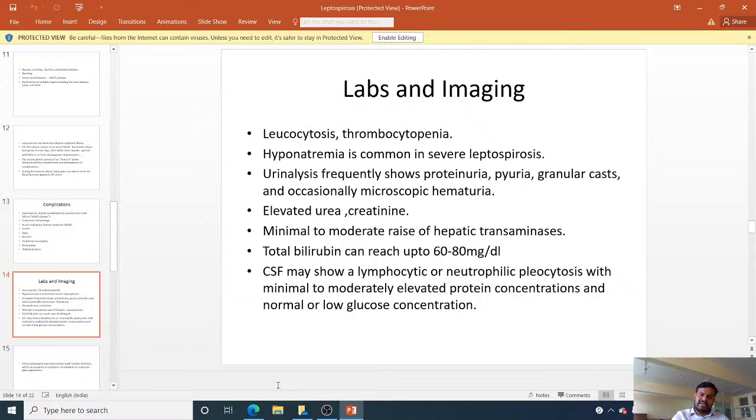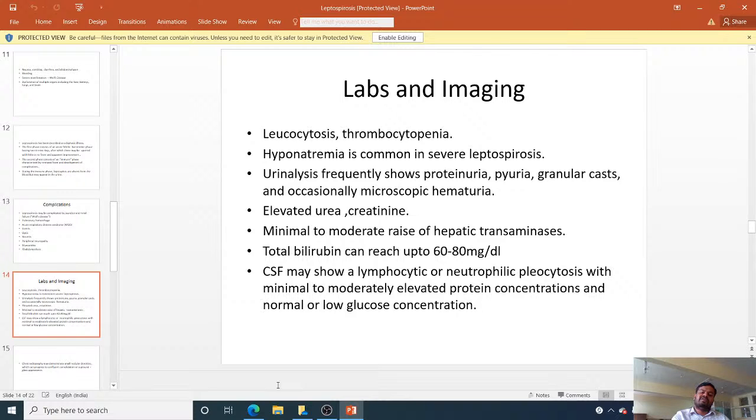Leukocytosis with thrombocytopenia. Hyponatremia you should remember, due to involvement of the sodium-potassium-2-chloride channel in the proximal convoluted tubule and loop of Henle. Also elevated urea and creatinine, a moderate raise in transaminases, and high total bilirubin.